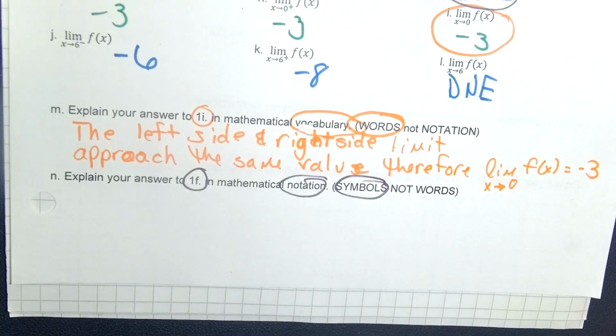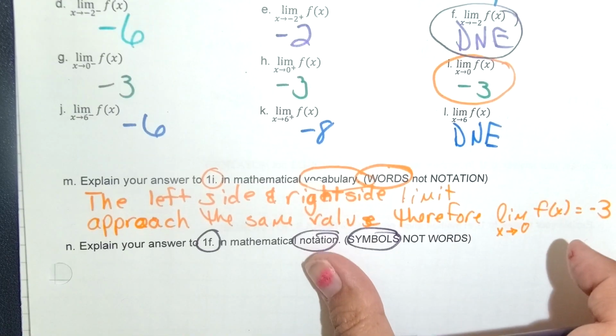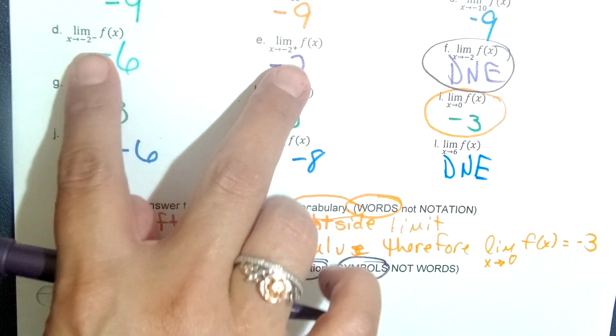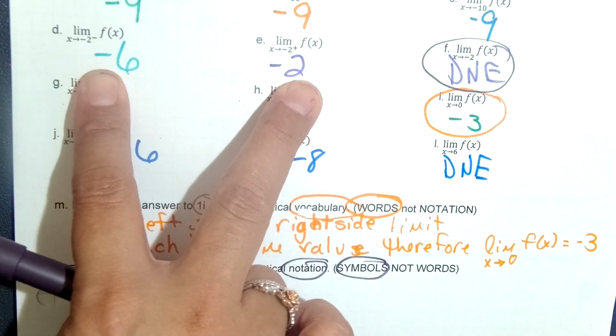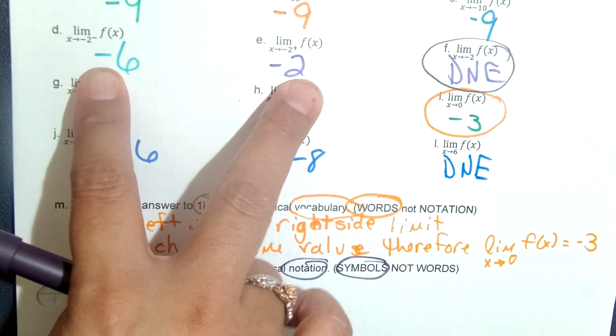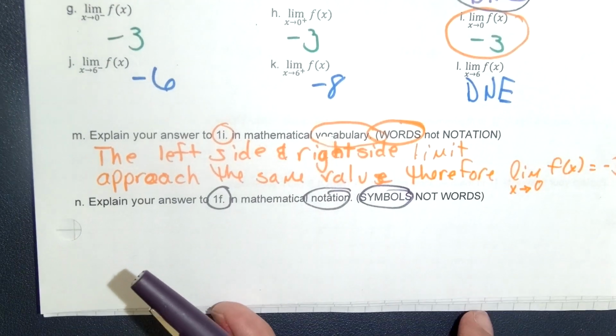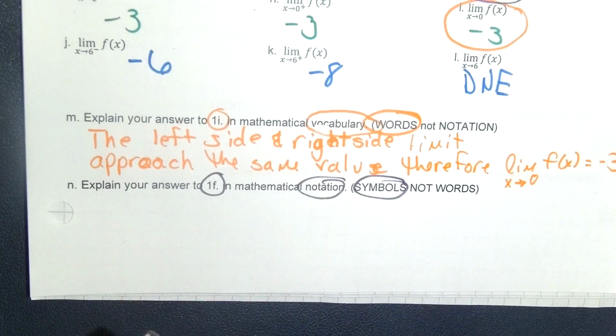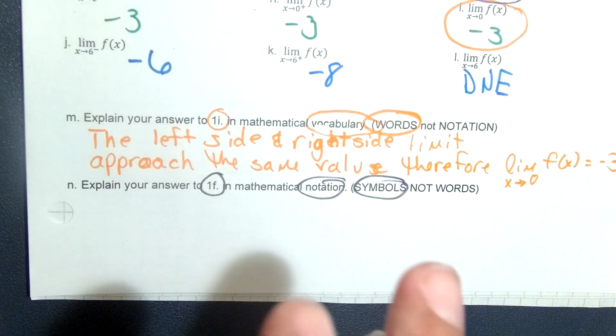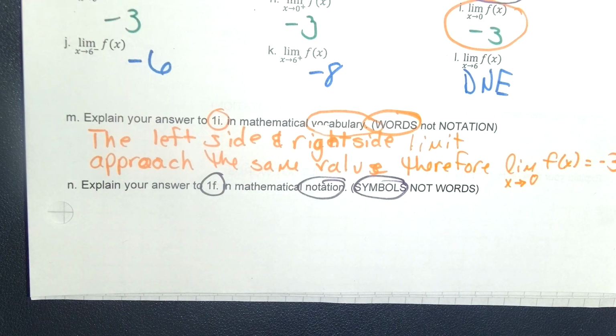All right, now the last one. You're going to be looking at these two things. What did we say about these two numbers? They're not the same. In math, what do we say instead of not the same?